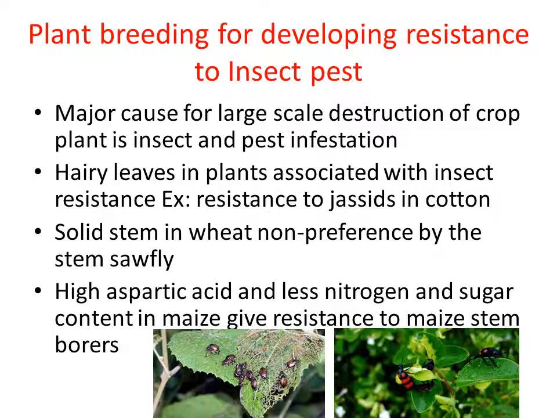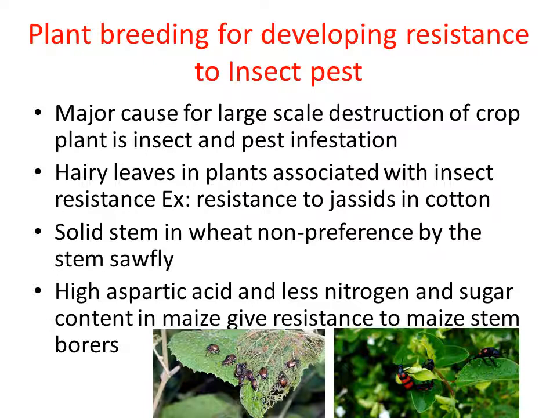We already know that in conventional breeding we use some common steps. The first is the collection of variability. It may be a wild variety or it may be available domestic varieties. The second step is selection of parents, the third step is hybridization, the fourth step is selection of hybrid plants, and the final step is testing and release of the new cultivar.